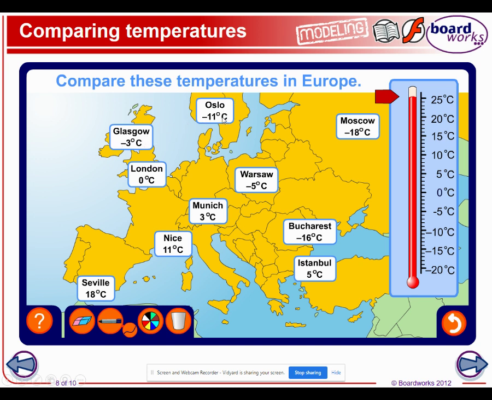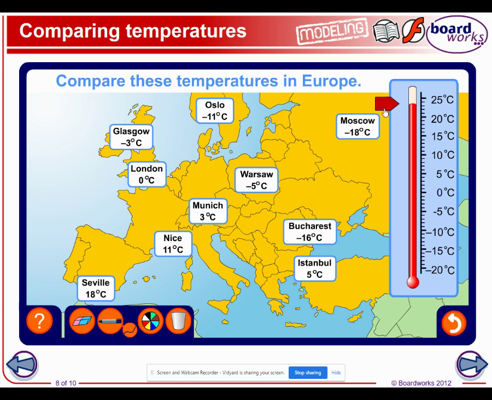Well, -11 is to the left of -3 on a number line, so -11 would be colder. Now I'm going to have you say which location has the warmest temperature and which location has the coldest temperature.